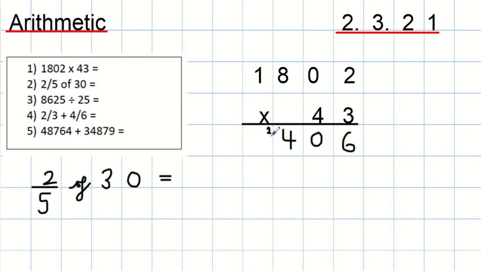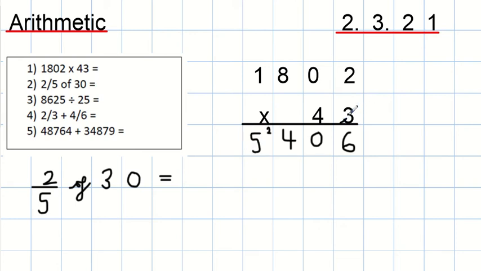Any numbers that I carry in this method I record smaller, so that when we come to add the final two amounts together, it's much easier to do that. And 1 times 3 is 3, add the 2 is 5.